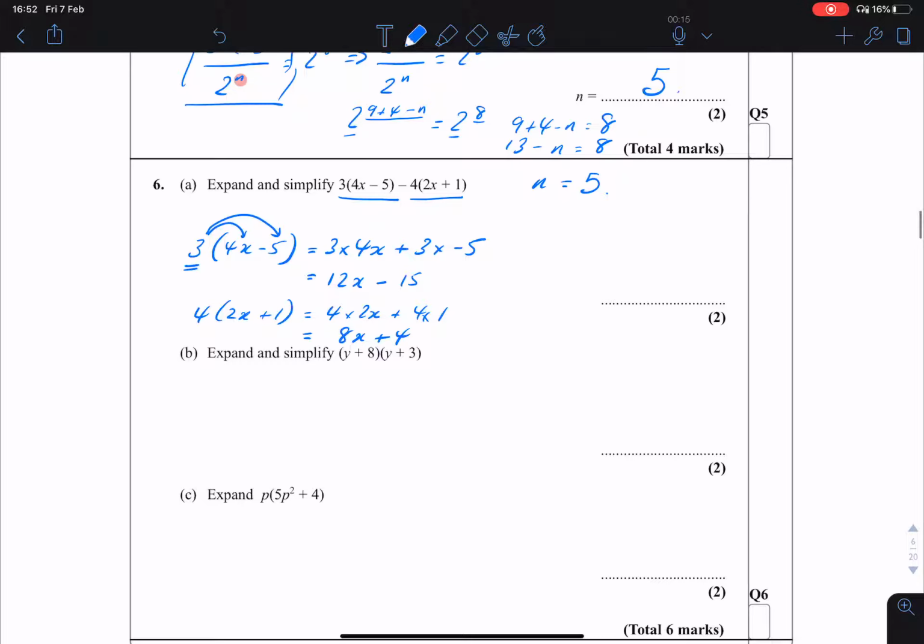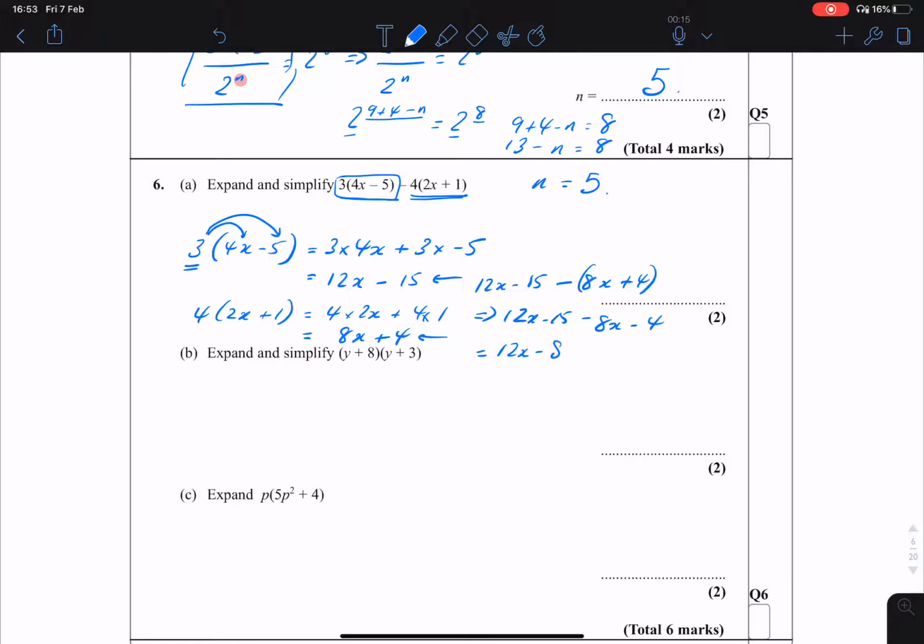So it says up in the question, it says 3 lots of that minus 4 lots of that. So I've worked out 3 lots of that, which is that, and I've worked out 4 lots of that, which is that. So I'm going to do 12x minus 15 minus 8x minus 4, which is 12x.